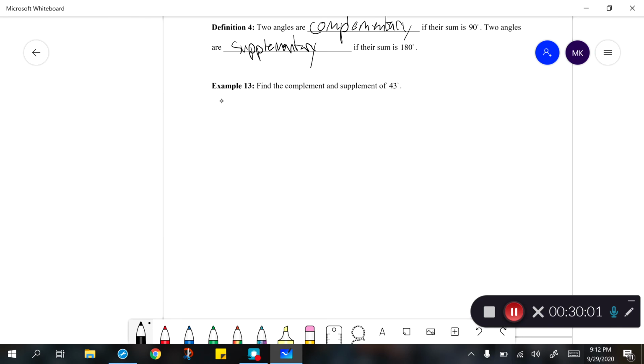So find the complement and supplement of 43. Very simply, the complement would be 90 degrees minus 43 degrees, and that gives us 47 degrees. So if this right here is 43 degrees, then this angle here is 47 degrees.